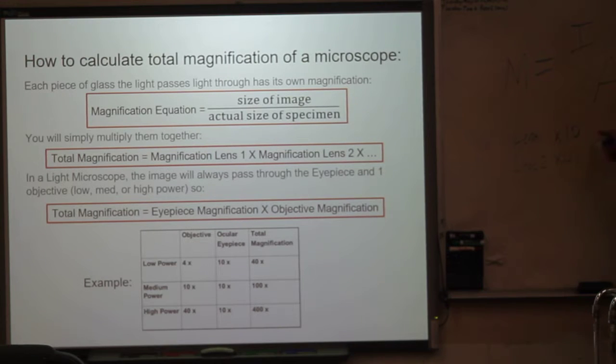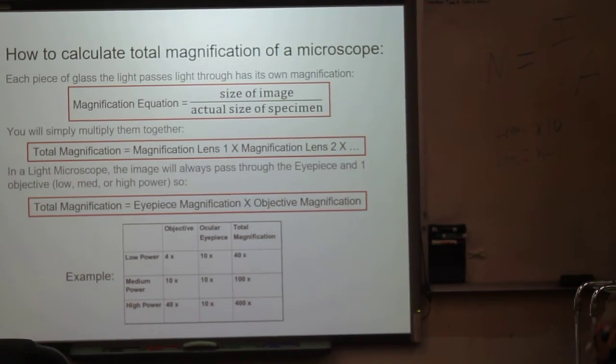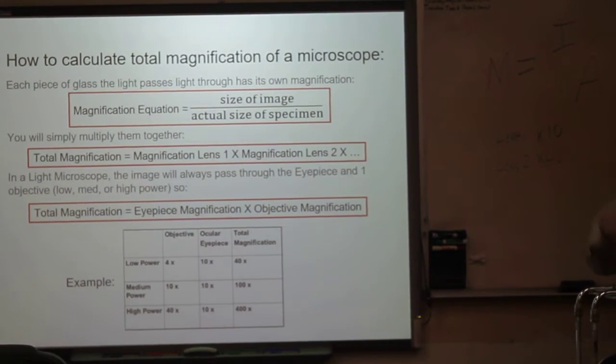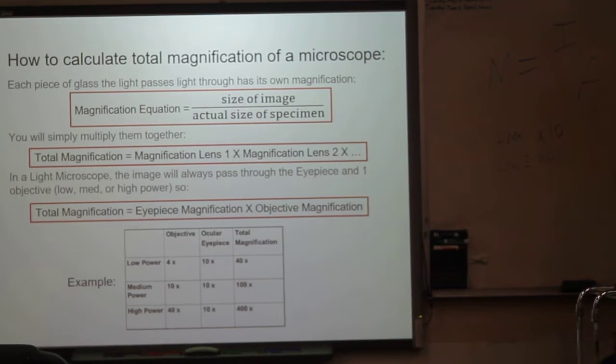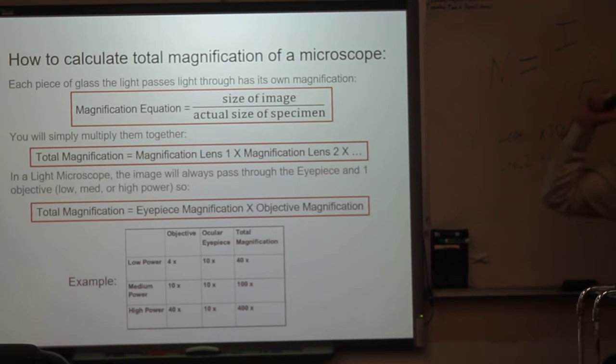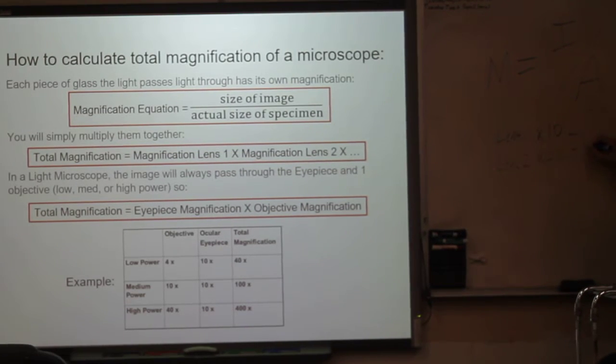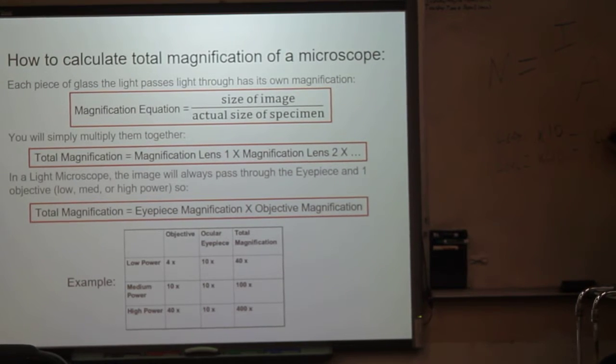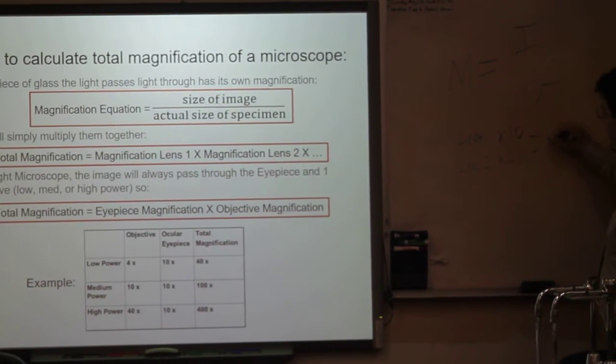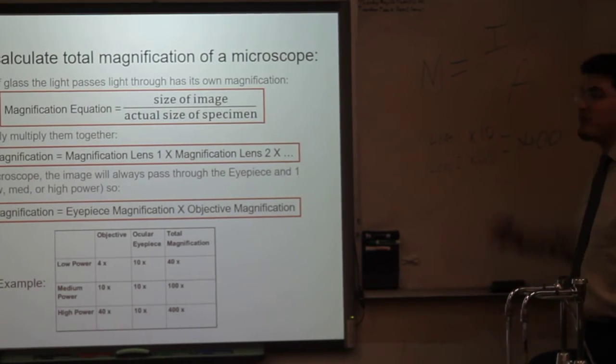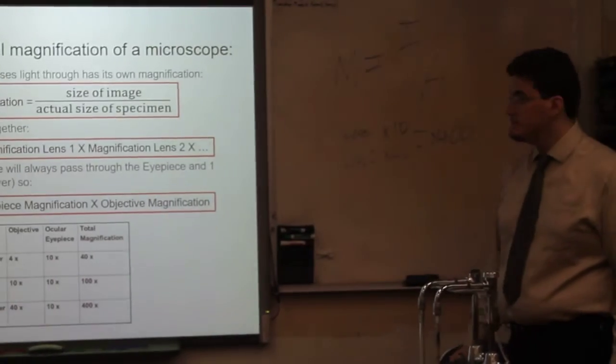If I look through the first lens, whatever I look at will be 10 times the size it should be. If I look through the second lens, whatever I look through will be 40 times the size that it should be. If I look through both lens 1 and lens 2 at the same time, I am multiplying this by this. That gets me 400 times magnification, because 10 times 40 is 400.